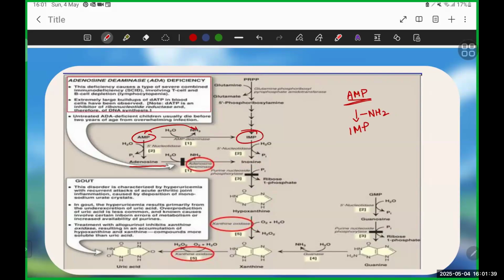My bad. It was this one, AMP, and then you remove the amino group, and then you have IMP. And for this one, the enzyme is AMP deaminase. Again, from the name itself, AMP deaminase, or you just call it ADA.